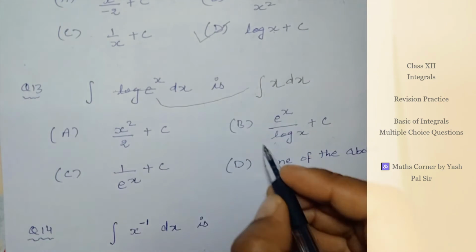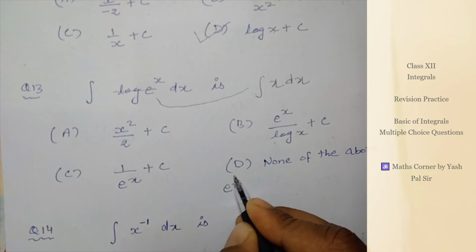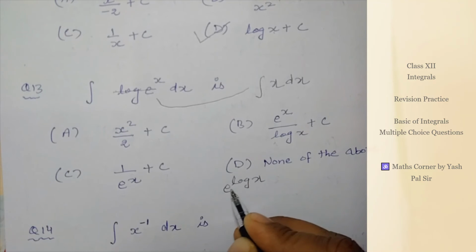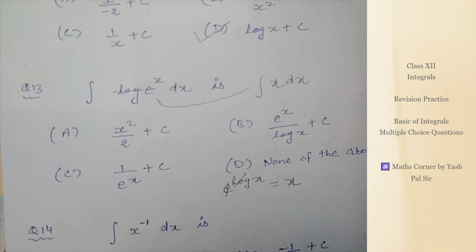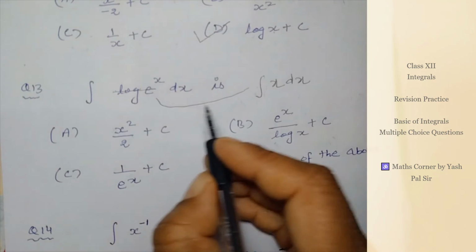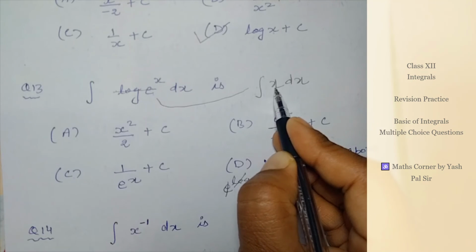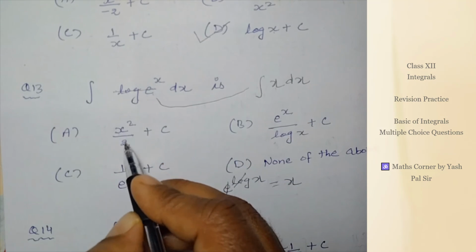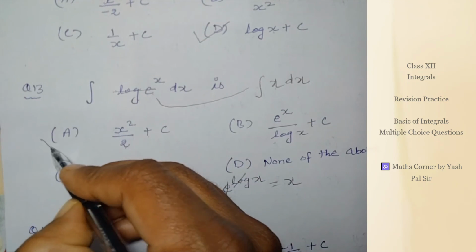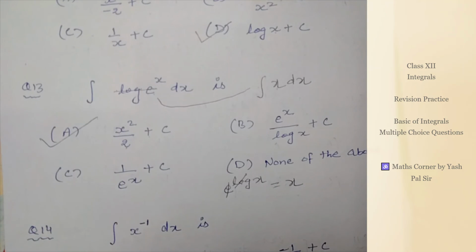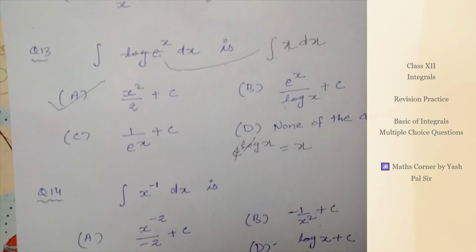Similarly, if the question is like this, e raised to power log of x, here also they cancel, they become 1, this is also equal to x. So in this question only x is left, and integration of x is x square upon 2 plus c. That is option number A is the right choice.